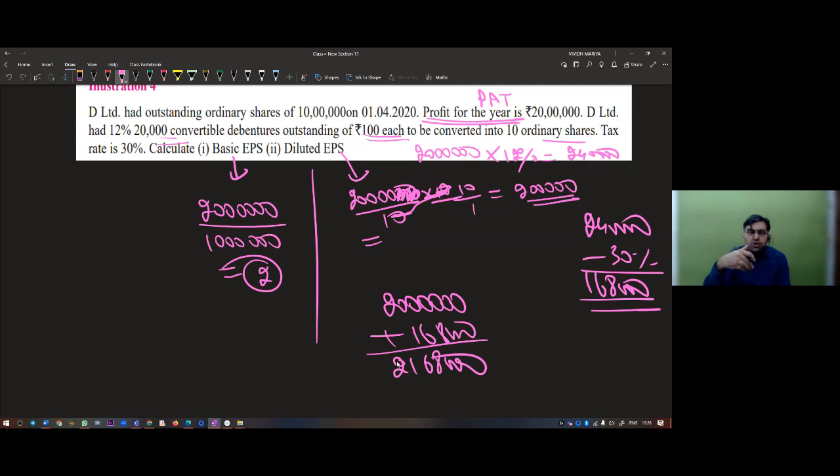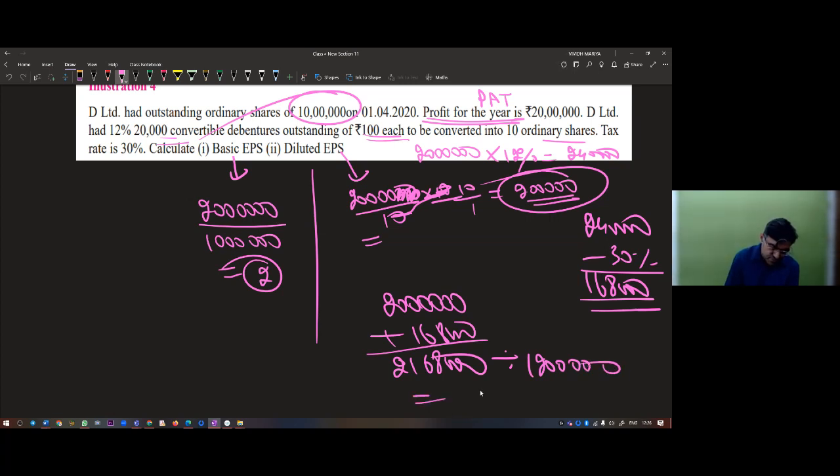You are assuming debentures converted into shares, so earnings will increase, and the total shares now will be not 10 lakhs but 12 lakhs. 21,68,000 divided by 12 lakhs. Answer is 1.81. That means when we dilute, the earning per share gets reduced, otherwise the earning per share will be better.